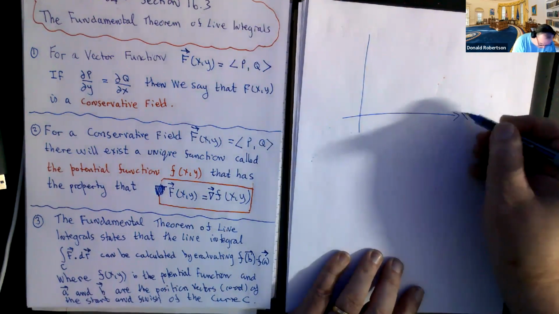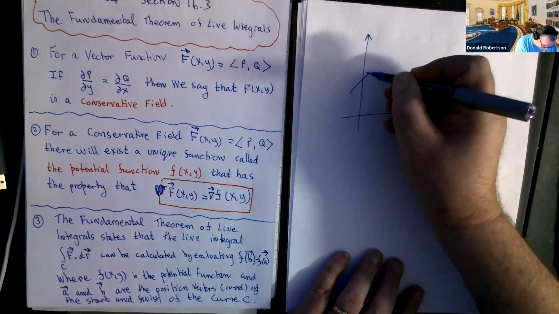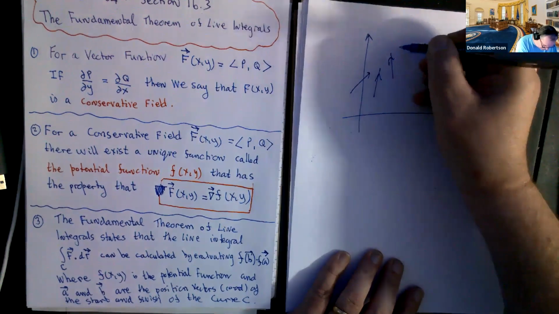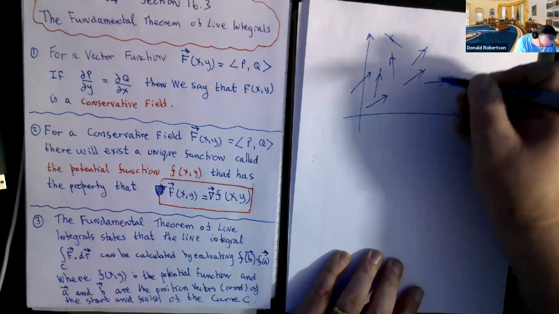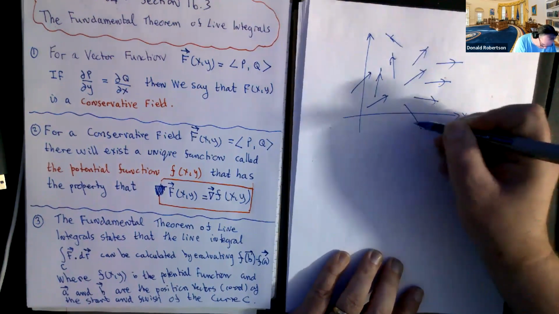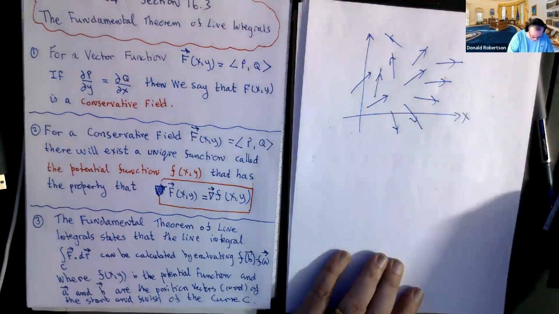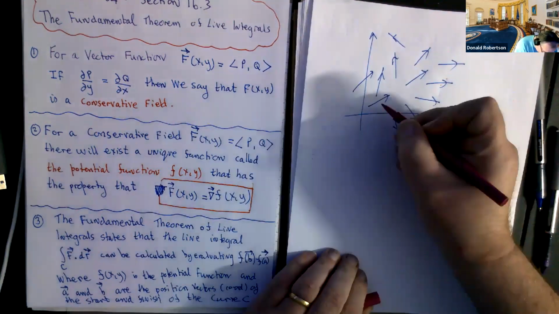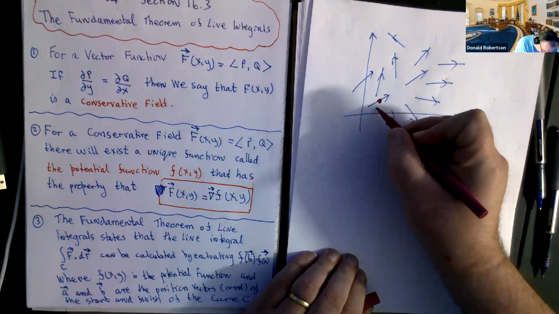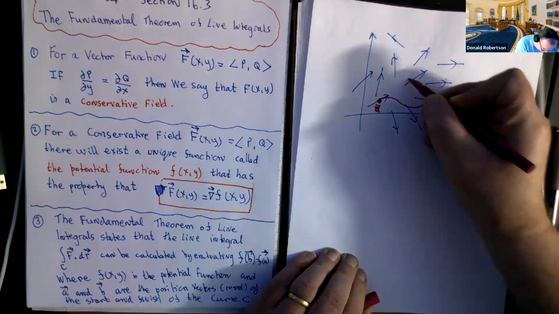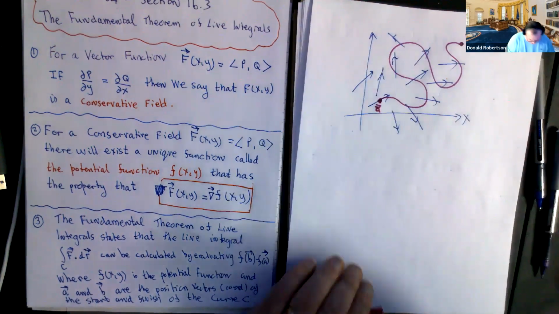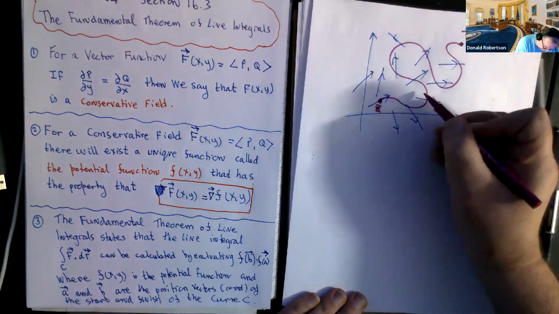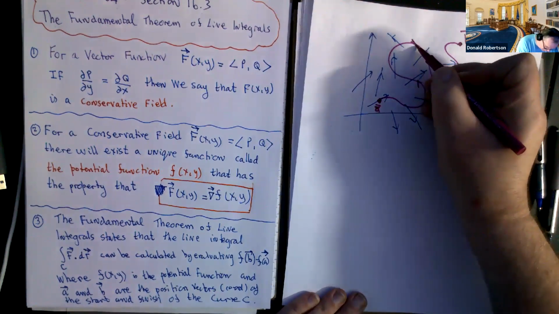Can you imagine that we have a vector field with vectors doing their thing? And you start at this point here, right? Call it A. And you do a route, whatever route you feel like, and you finish up here at some point B, put its position vector, it's B, and you're traveling along it.